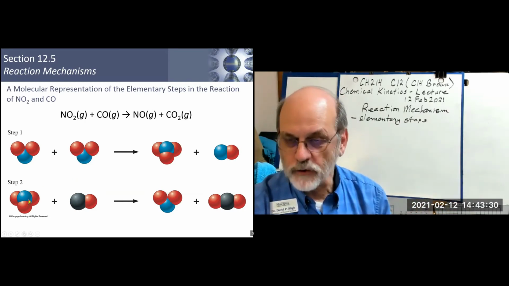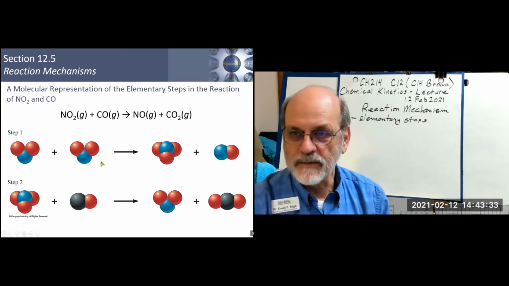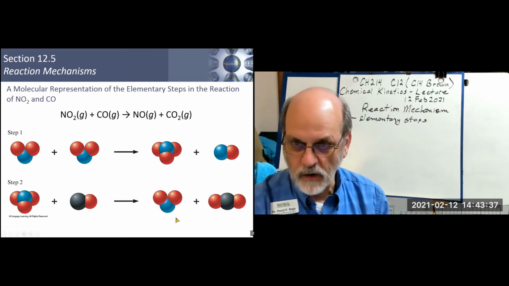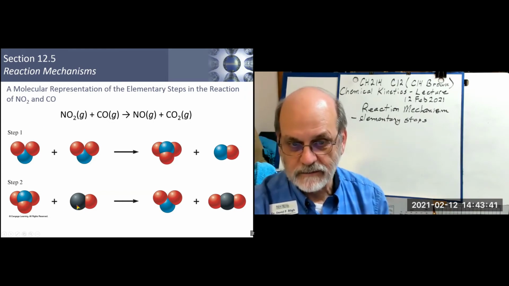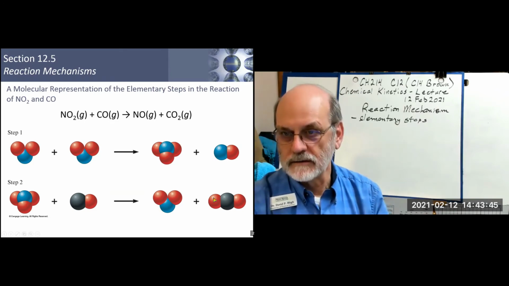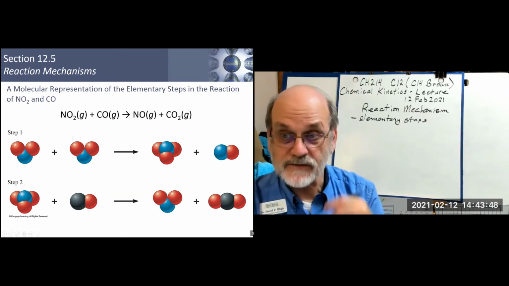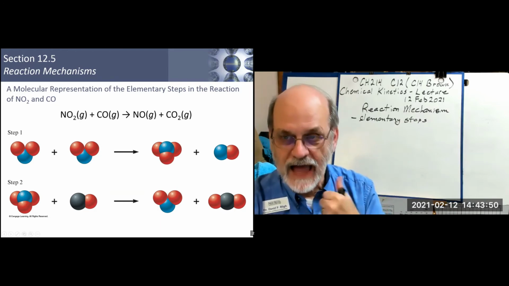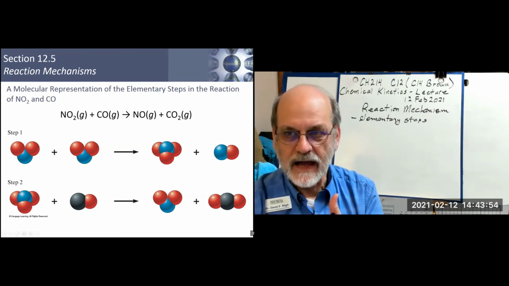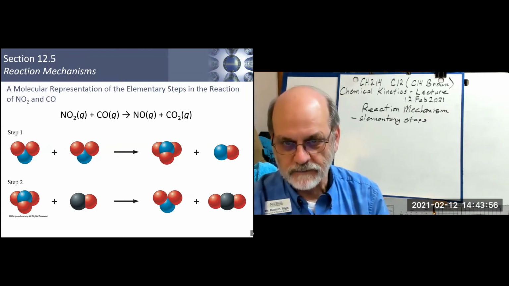So that's why NO3 disappears from the overall reaction, and this NO2 disappears from the overall reaction, and you're left with this one plus that one yields this one plus that one. Right? So it satisfies that first condition. Add the two elementary steps together, and you obtain the overall reaction.